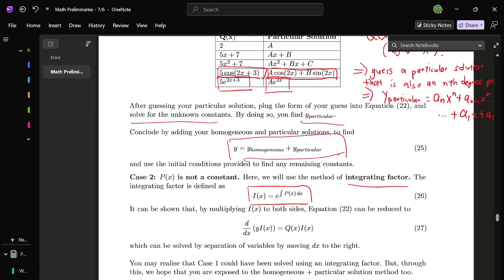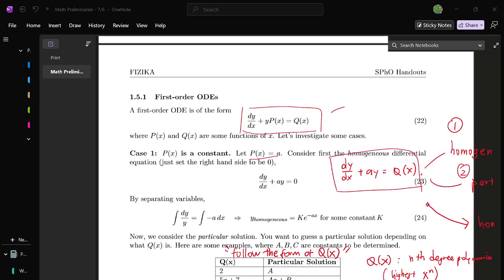So it can be shown that once you multiply this integrating factor to both sides of the ODE, you can reduce this into this.